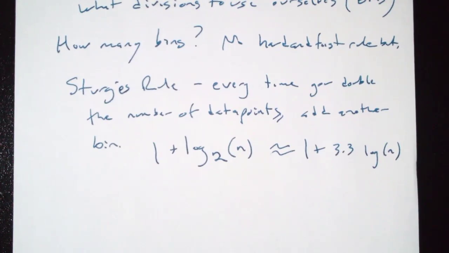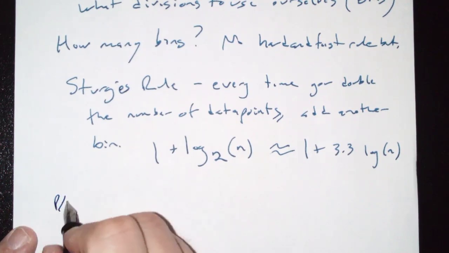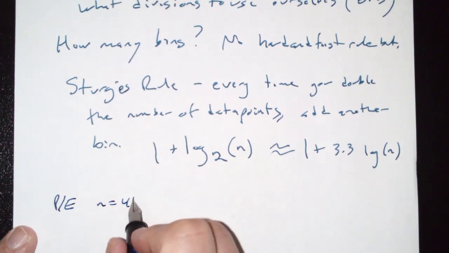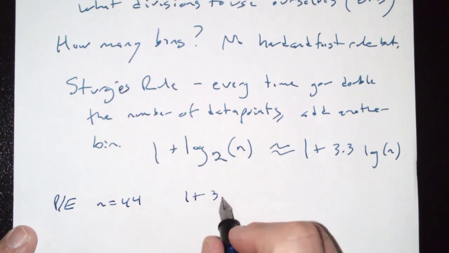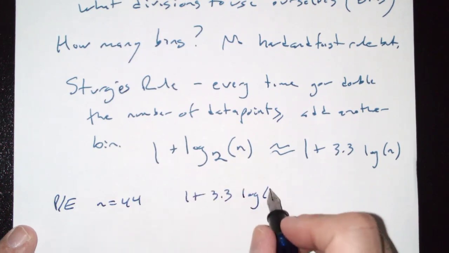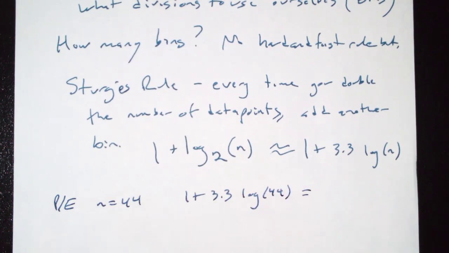We had 44 pieces of data in our price earnings ratio, yes? Let's do that. In our price earnings data, we had 44. This is going to give me some really ugly decimal.